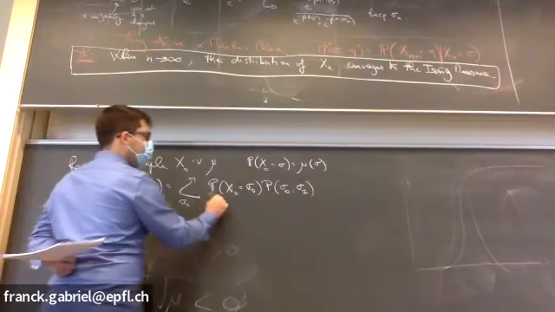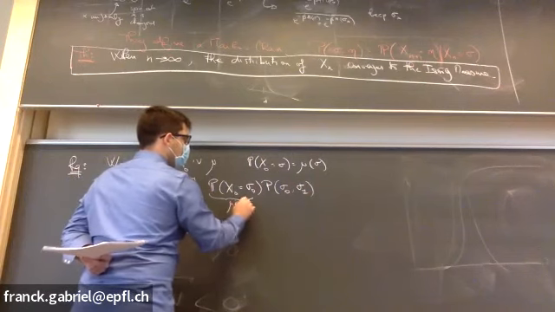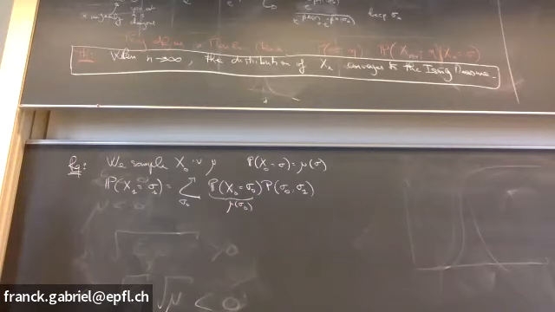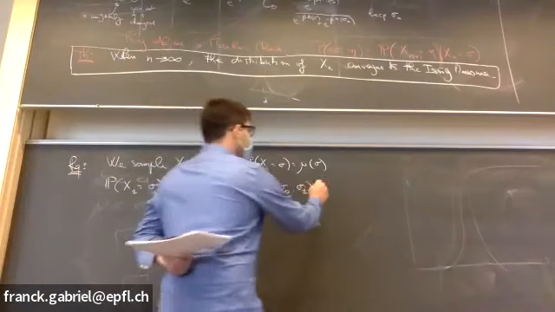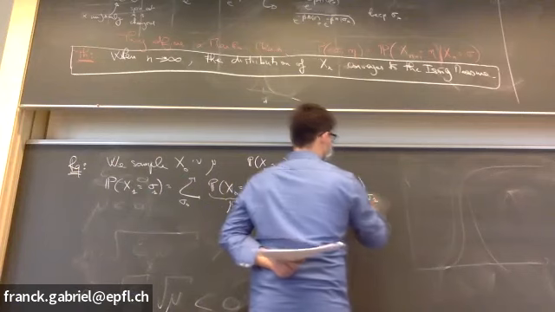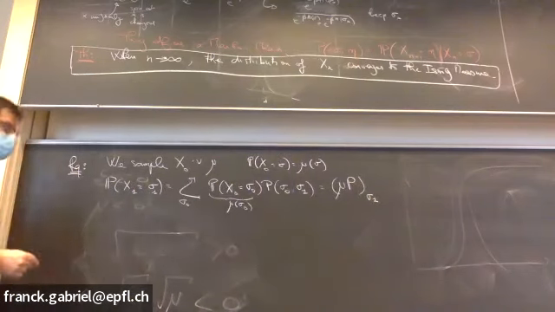Now this is mu of sigma 0. If I see mu as a vector indexed by all the configurations I can have, this is simply mu times P, and I look at the coordinate sigma 1.